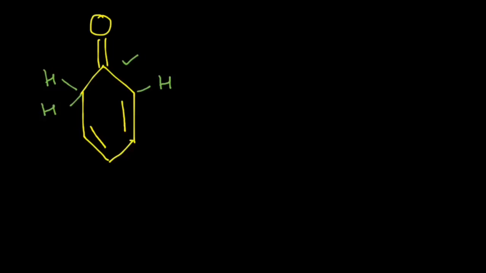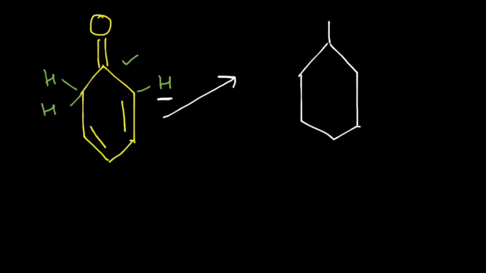Let's see what happens if I try to remove the alpha H on the right hand side. If I do that, what we will get is: transfer the alpha hydrogen to the oxygen atom, so it becomes an OH. Create a double bond between the carbon atom and the alpha carbon, and we have a structure like this.